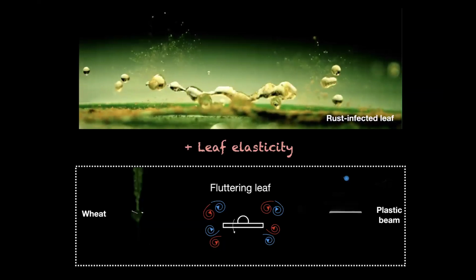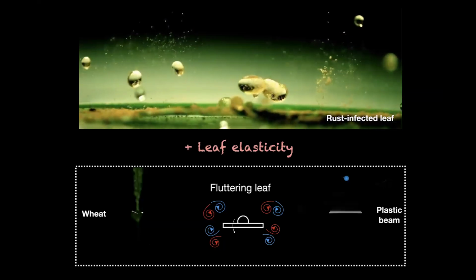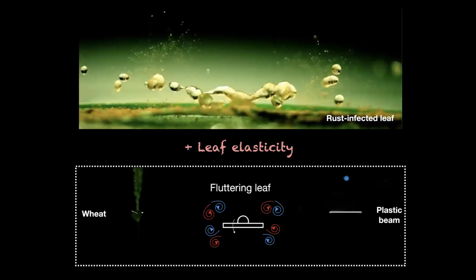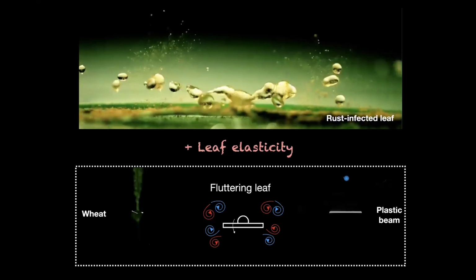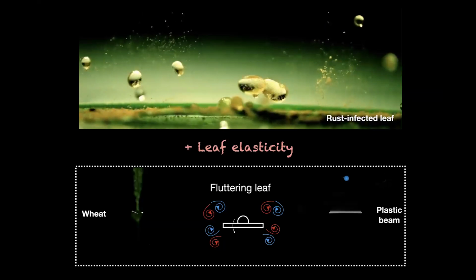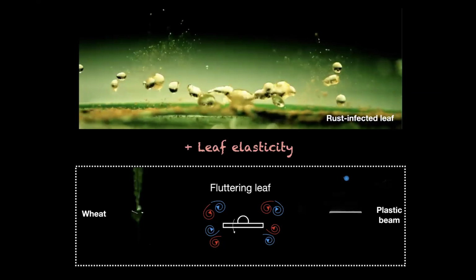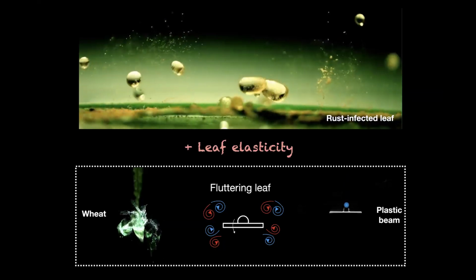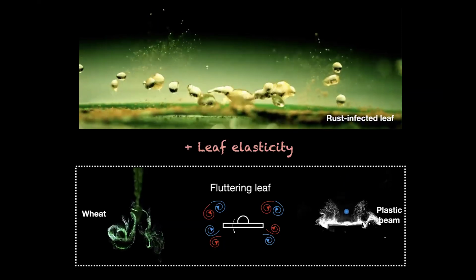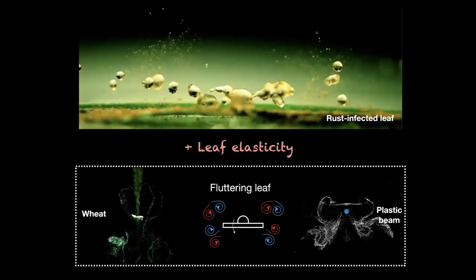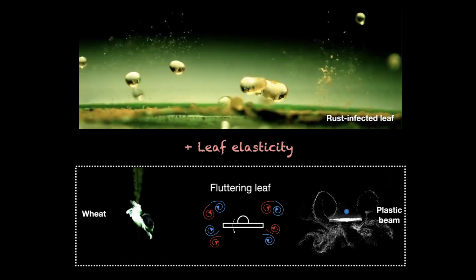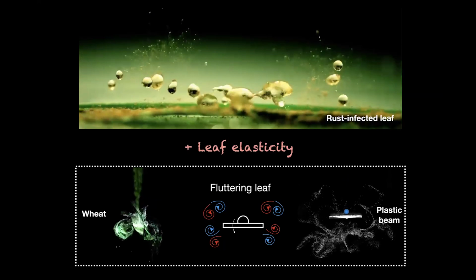That's what we have studied, and then we tried to look at the elasticity of the leaf. What I showed you earlier is the fixed leaf. What we expect is that when the raindrop impacts the leaf, the leaf starts to flutter, and then it can eject a lot of spores up in the air.